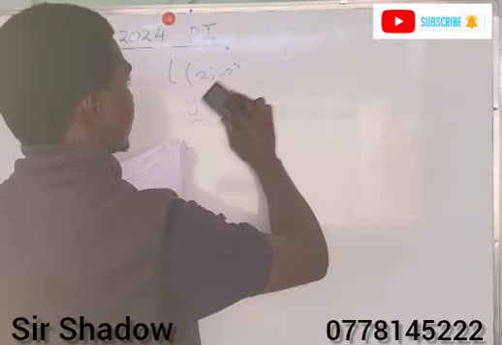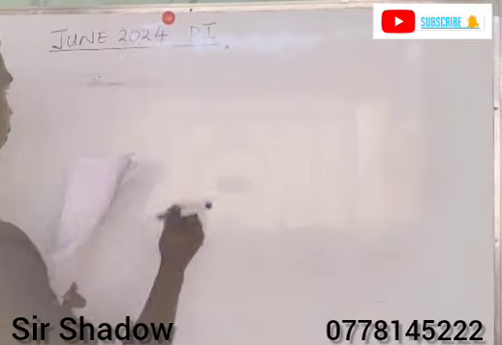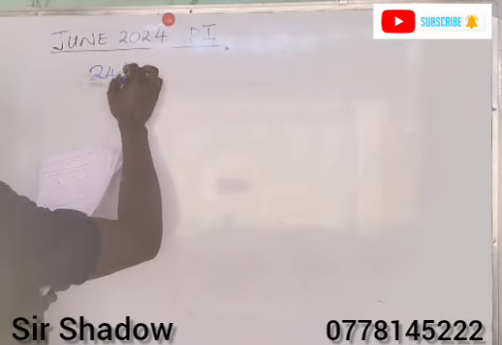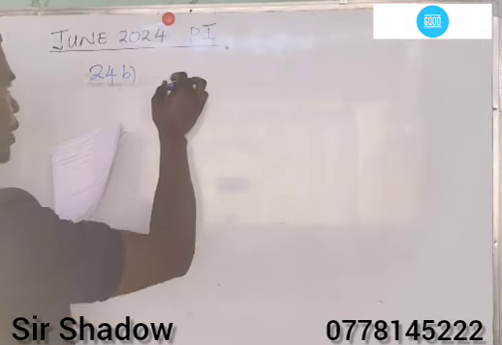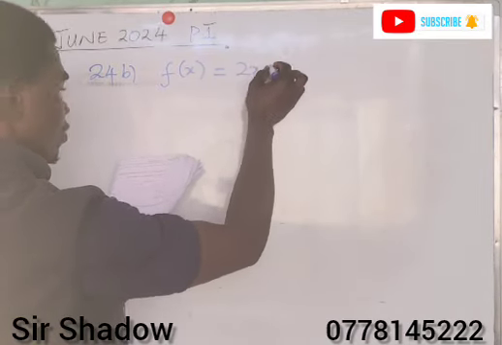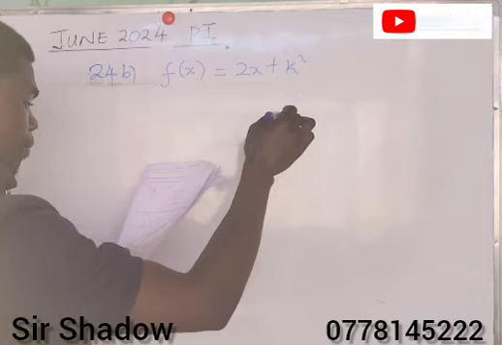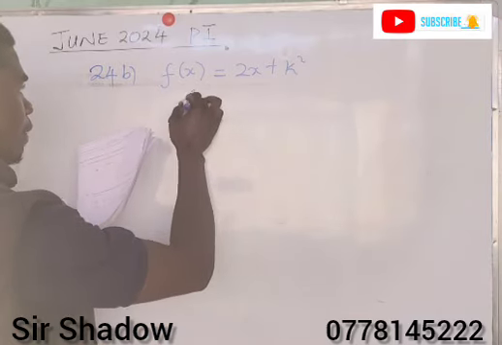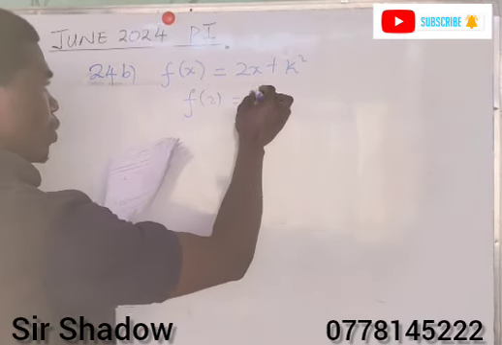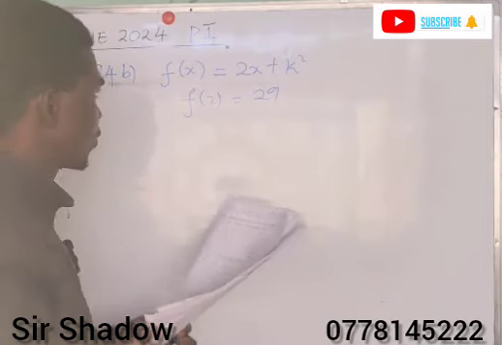The last question is question 24b. We are given f(x) equals 2x plus k squared. Then you are given f(2) equals 29. Find two possible values of k.